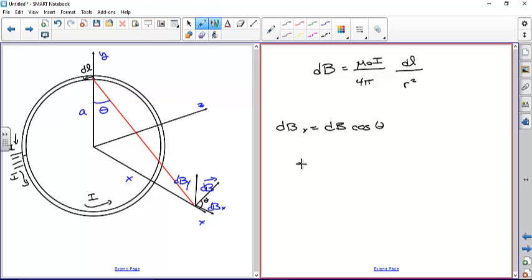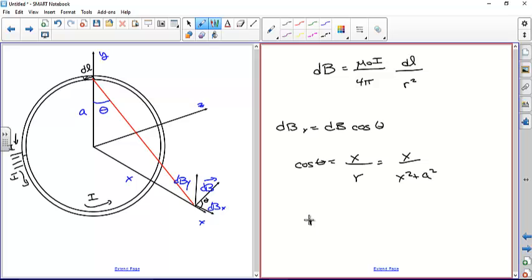One is the cosine of theta: here's theta, so the adjacent side is x divided by the hypotenuse, which is r, but r is equal to the square root of x squared plus a squared. So we're using a as our y coordinate. We're not using y, we're just using a. That's the distance from the center of the loop to the loop. So that's the cosine of theta.